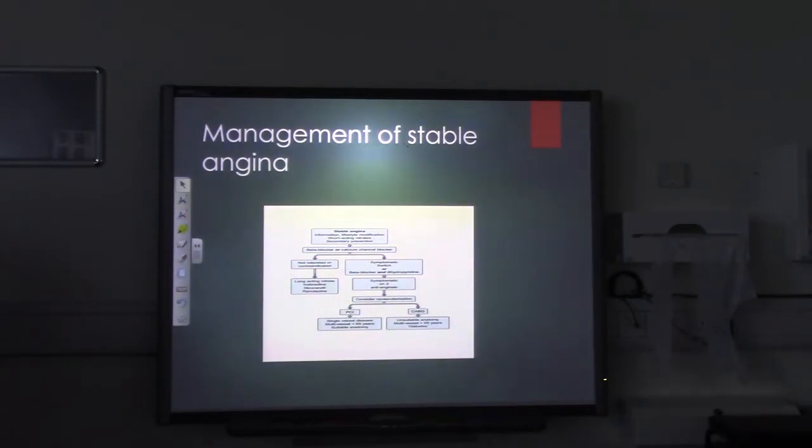Either a beta blocker or calcium channel blocker. If they don't tolerate one, then try the other. If that doesn't work, then try both. And then if there's a problem with that, you would consider at that stage revascularization with either percutaneous coronary intervention or a bypass graft.